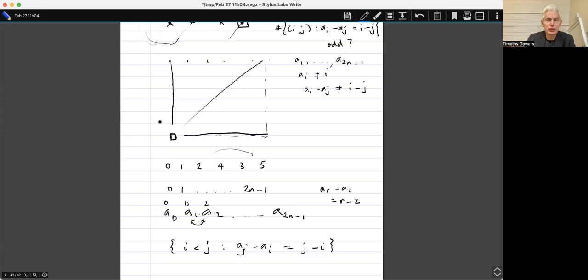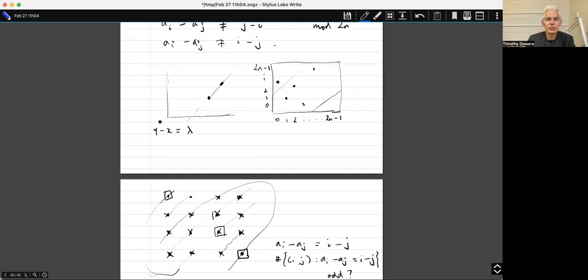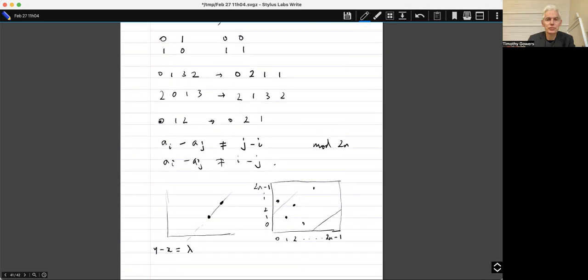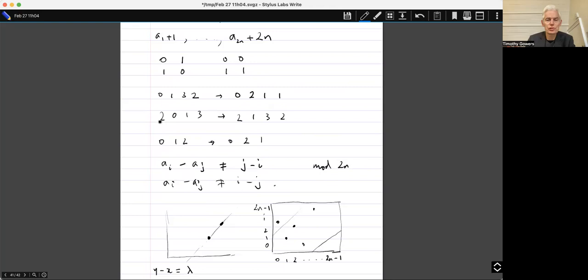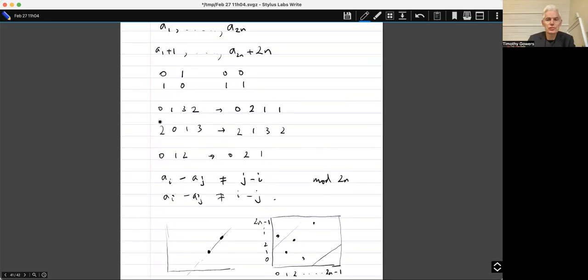So for example, just going back to the examples that I've found, though, I've got to be a little bit careful. So this 0, 1, 3, 2, so I have my 4x4 board. How many black squares can I fill?